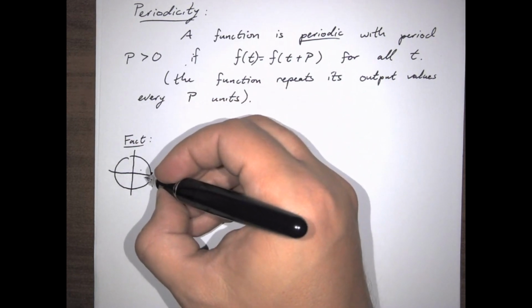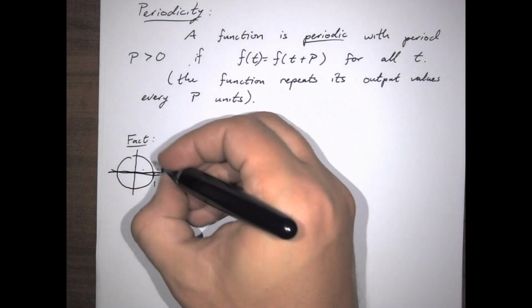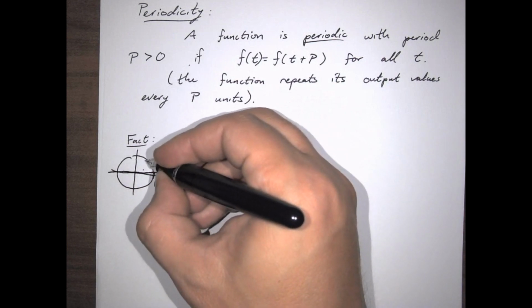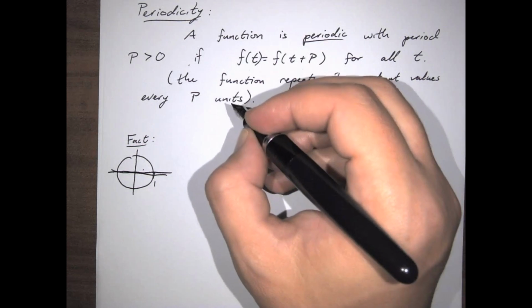We will end up repeating ourselves as soon as we have completed the circle. Once you go around, and then you're back where you started, everything will repeat all over again.